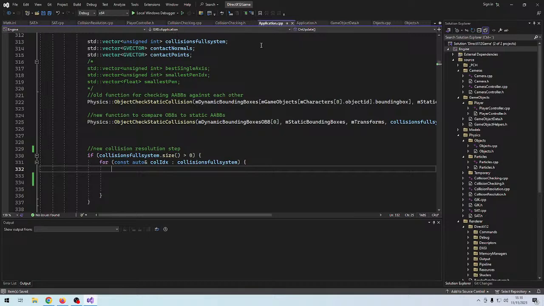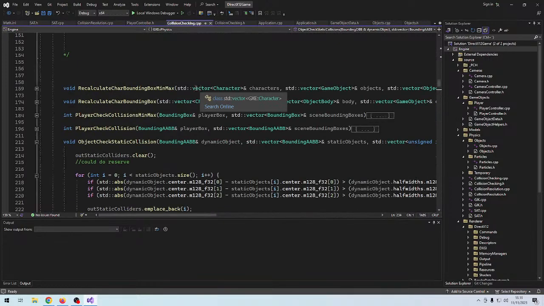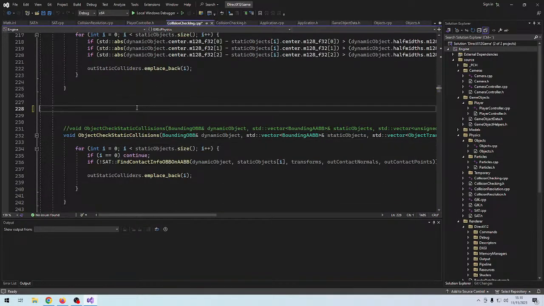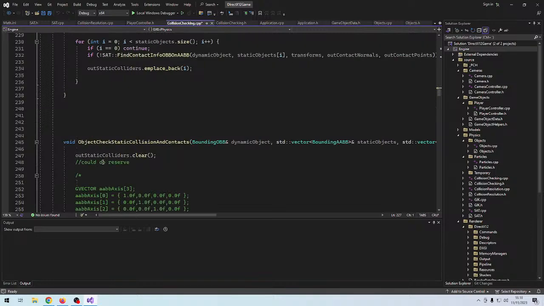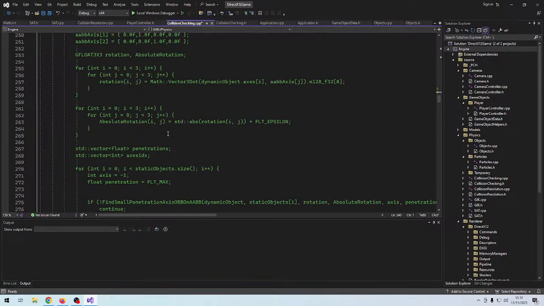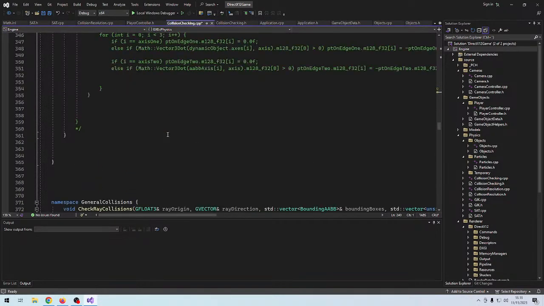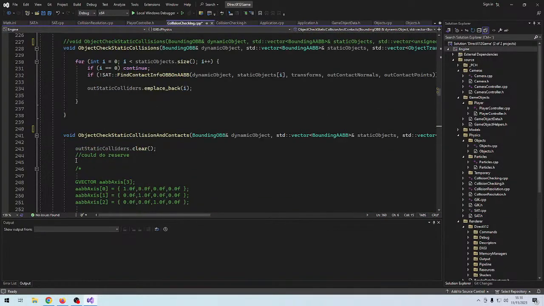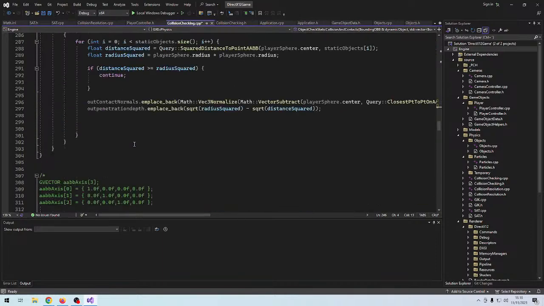We'd actually want to, this is collision checking. This doesn't actually do anything anymore. Let's move this.